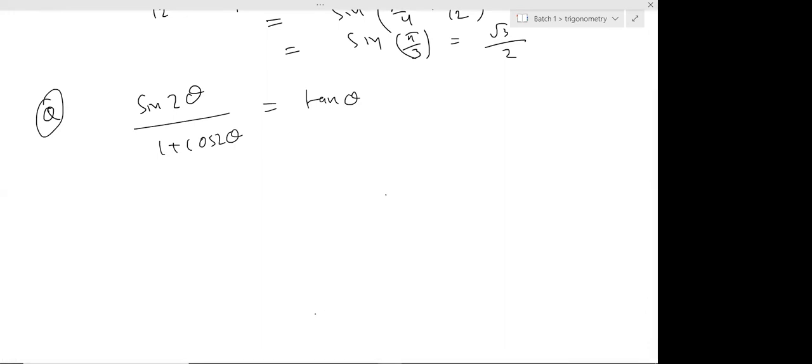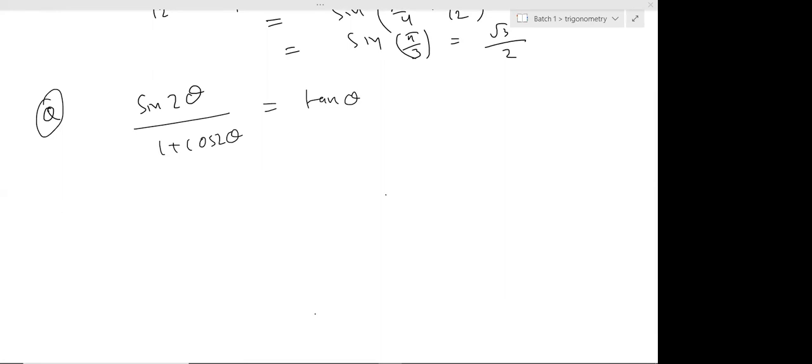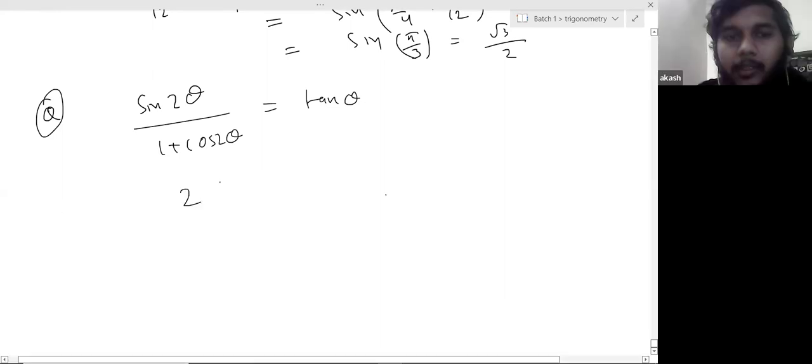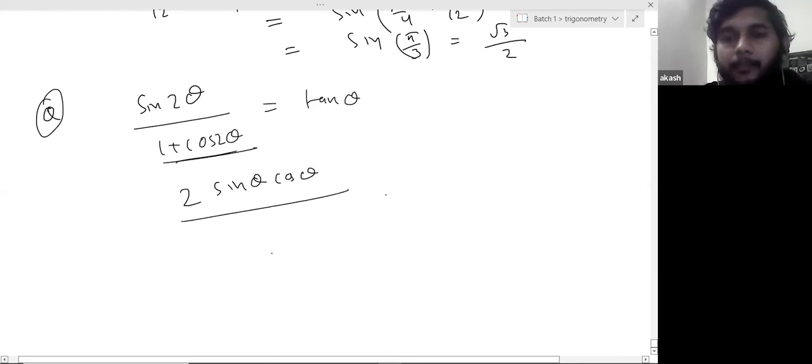My net is low, so I cannot hear properly. Okay. Gautam, what is sine 2 theta? Sir, 2 sin theta cos theta. Right, 2 sine theta and cos theta. And what can I write here? 1 plus cos 2 theta.